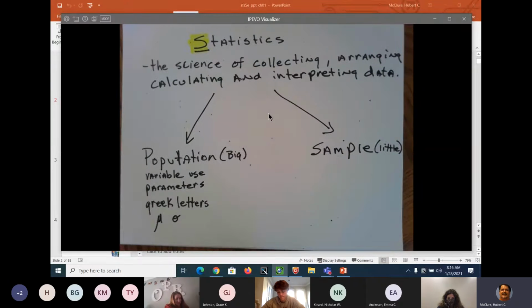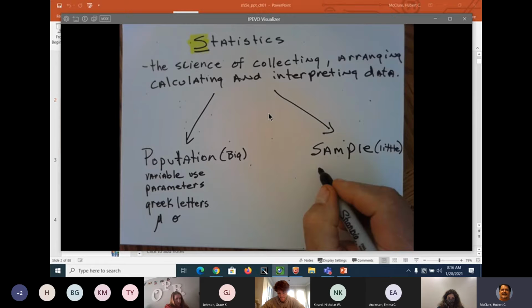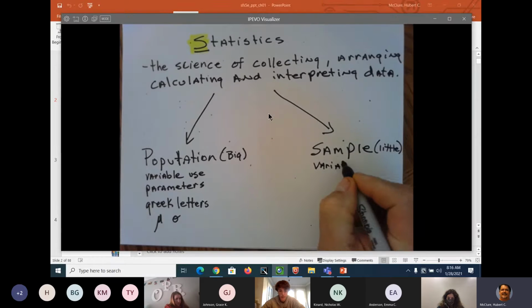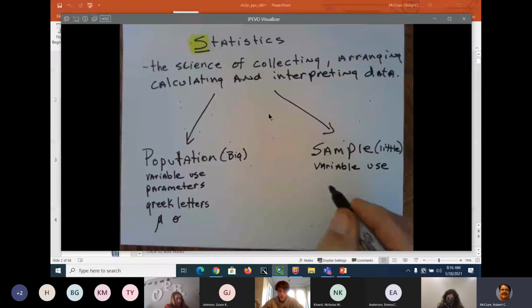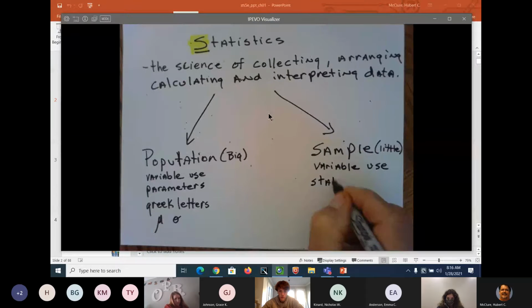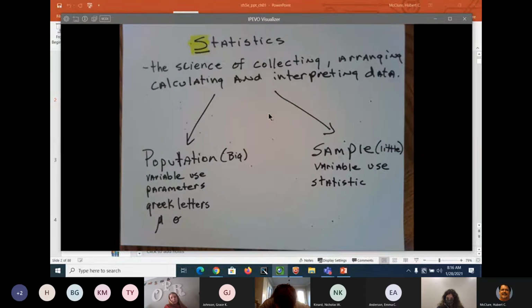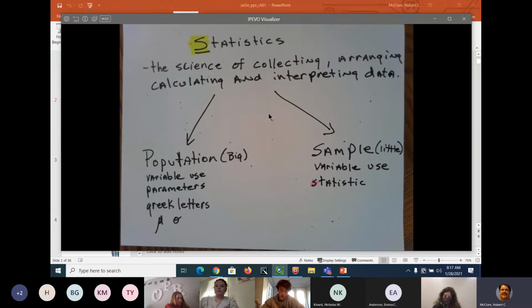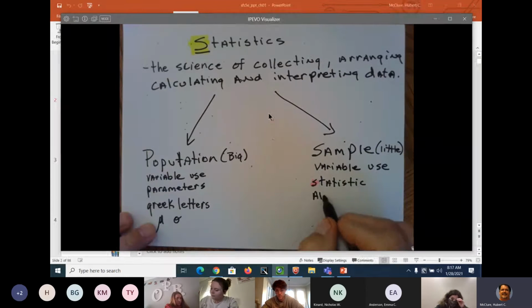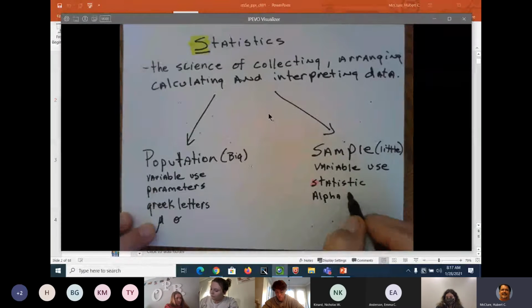Now, the variables used when we do a calculation in a sample are called a lowercase statistic. And that's where you see the definition for lowercase statistic. And those are usually alphabetic, meaning the letters we use in the alphabet.